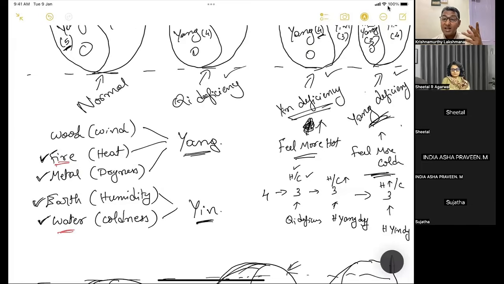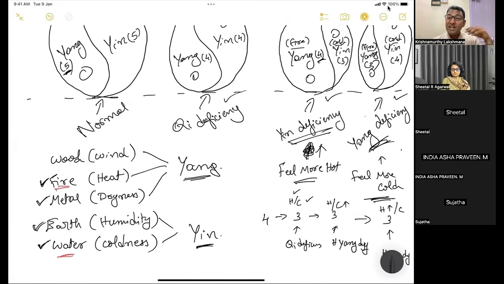Or when there is wind, wind is more in liver, liver wind excess. So anything which is excess, we specifically say what is excess. And when something is deficient, we say holistically as yang is deficient or yin is deficient.